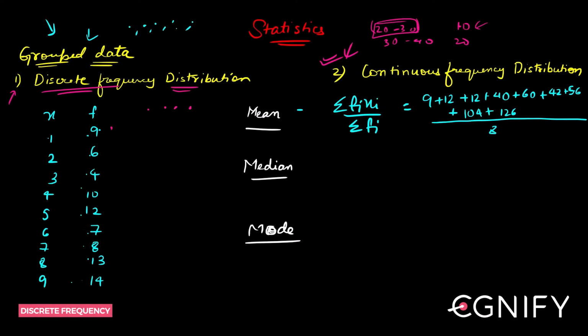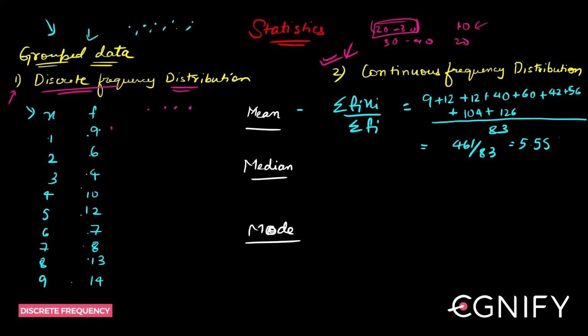You get 83. So when you carry out this division, when you write the sum here, what you get is 461, and that divided by 83 is something like 5.55. So this is the mean of this data.